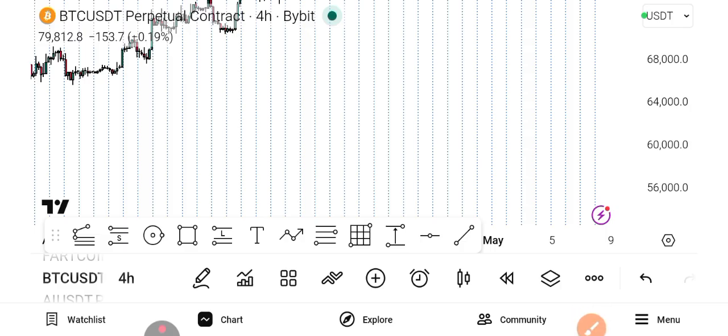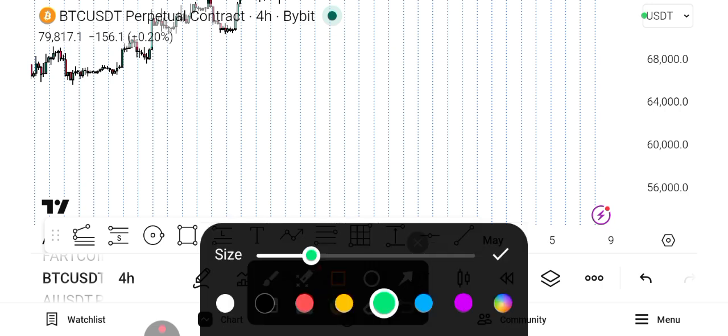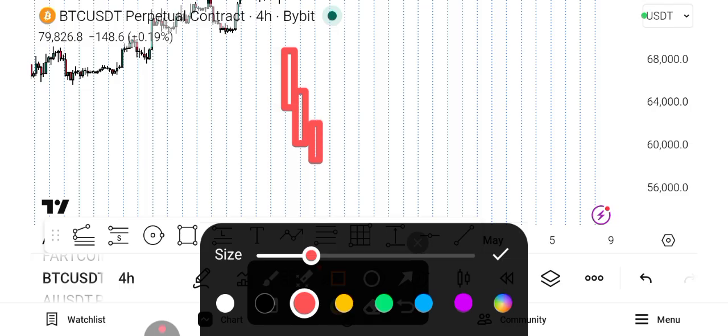Now let's say the sellers are coming into the market like this, and getting to the bottom, a pin bar or hammer appears.